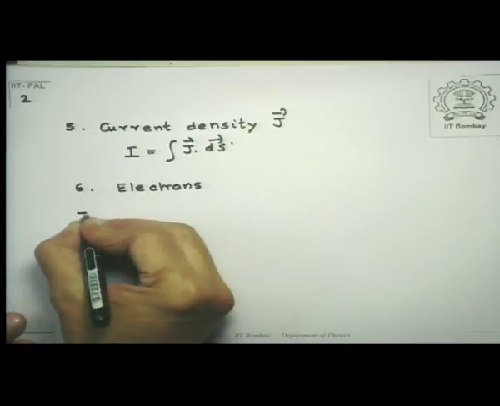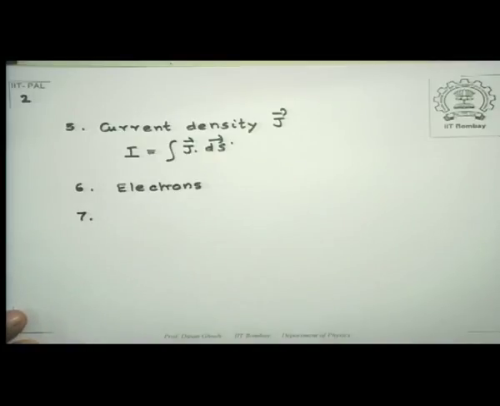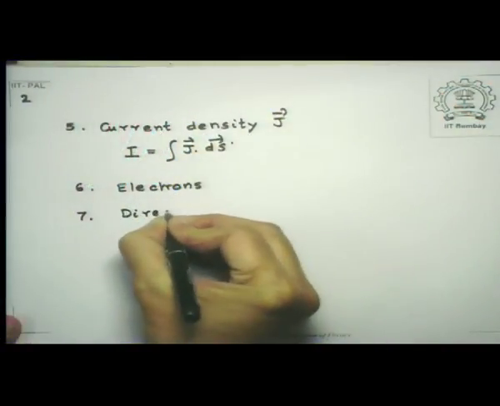The point regarding the direction of the current is that though electrons are primarily responsible for flow of electricity, the direction of the current is primarily defined as the direction in which positive charges would flow if they were free to flow like the electrons. So, this is the direction of the current.